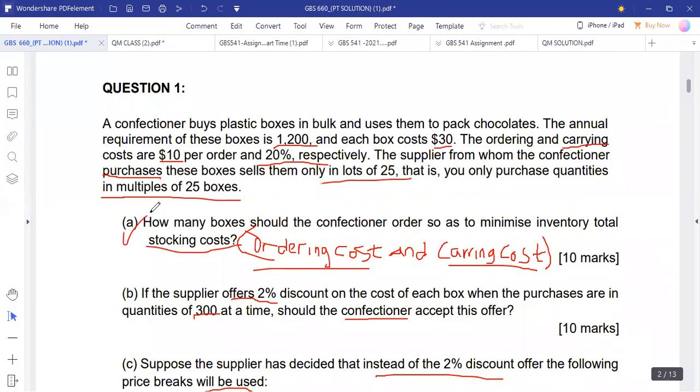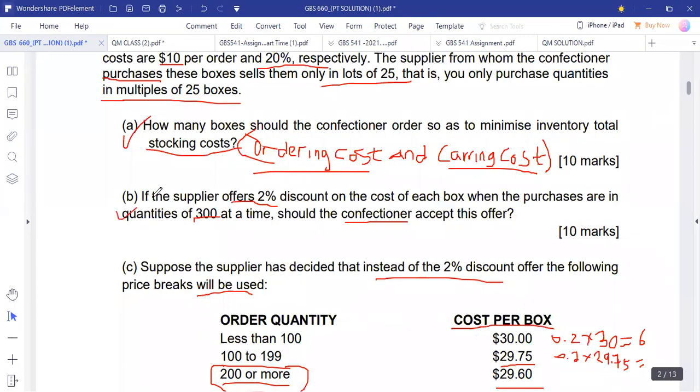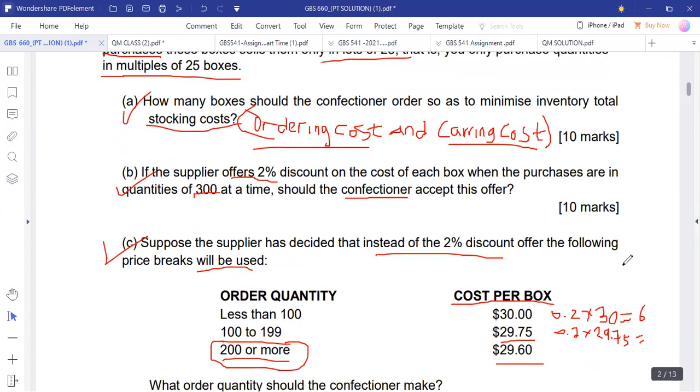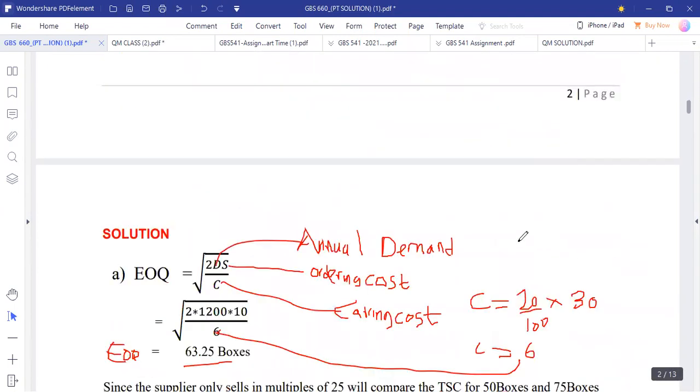So we have done question 1A, question 1B, question 1C. Unless there are any questions. All right, so if there are no questions, in another class, I'm going to explain question 2.